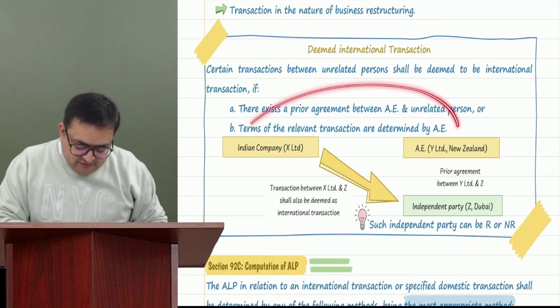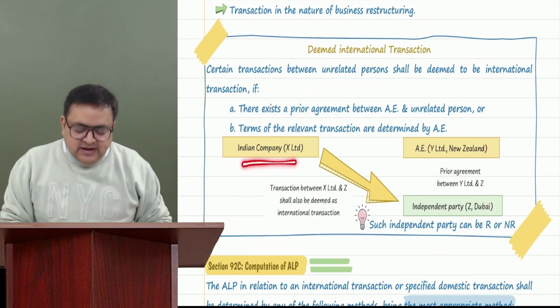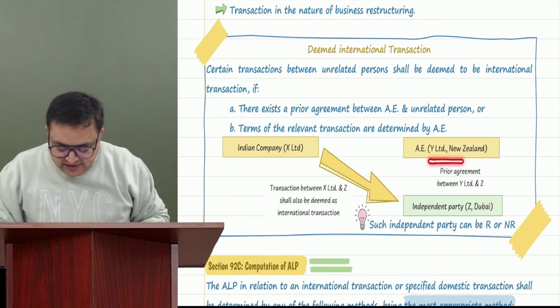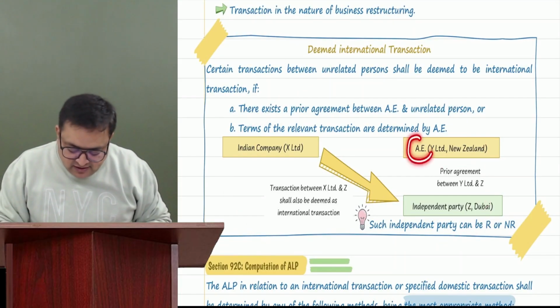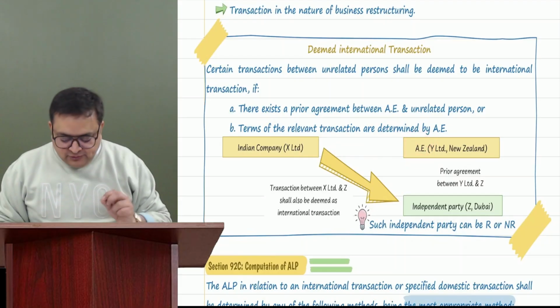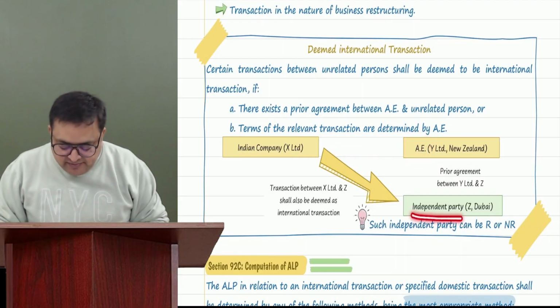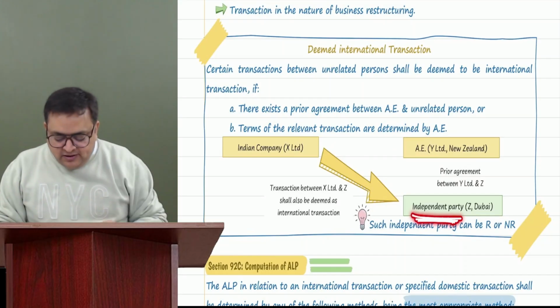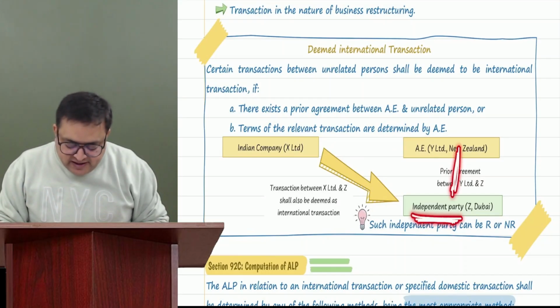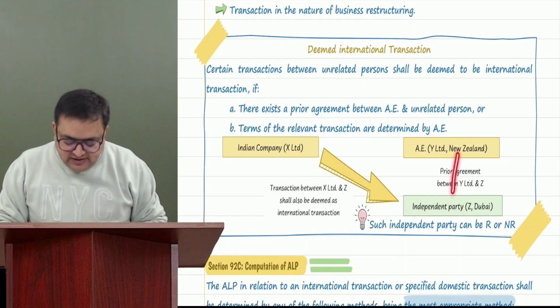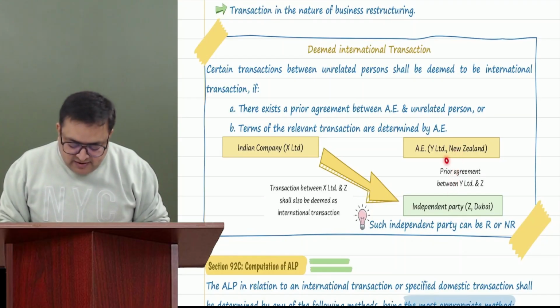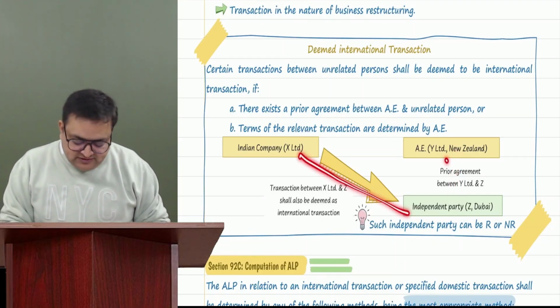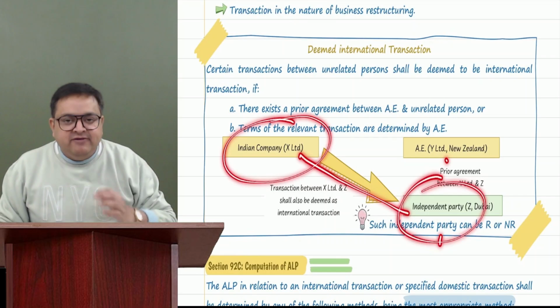Got it? So I have made it over here also. This is Indian company X Limited. This is New Zealand company Y Limited, and they both are associated enterprises. So what they have done, they have actually made an independent party over here. This is a dummy party. So actually there is a prior agreement between these two, and he's saying, okay, on my behalf, you do a transaction with him. So this and this are unrelated, I understand.